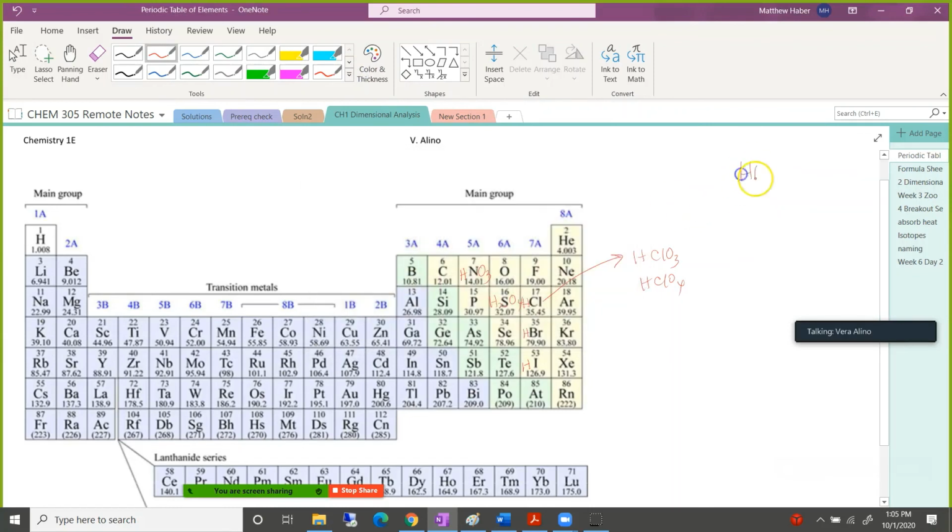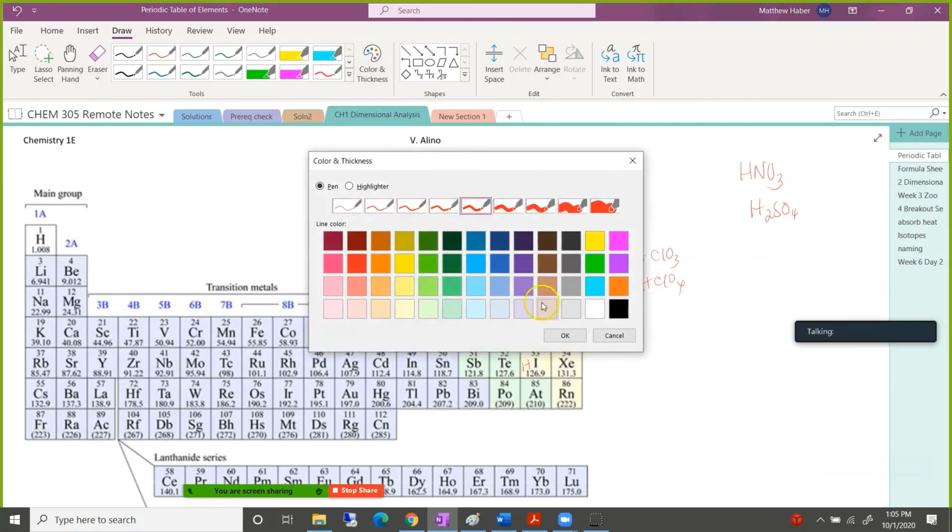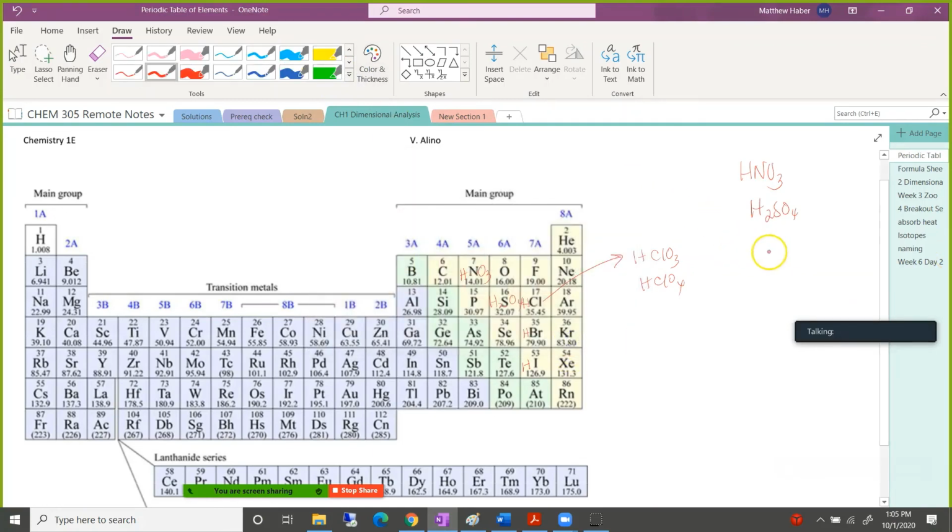It's going to be HNO3, H2SO4, HClO3, HClO4, HCl, HBr, and HI. Okay, so 1, 2, 3, 4, 5, 6, 7. These are the strong acids. There are also strong bases, and that's usually belonging to group 1A and group 2A.